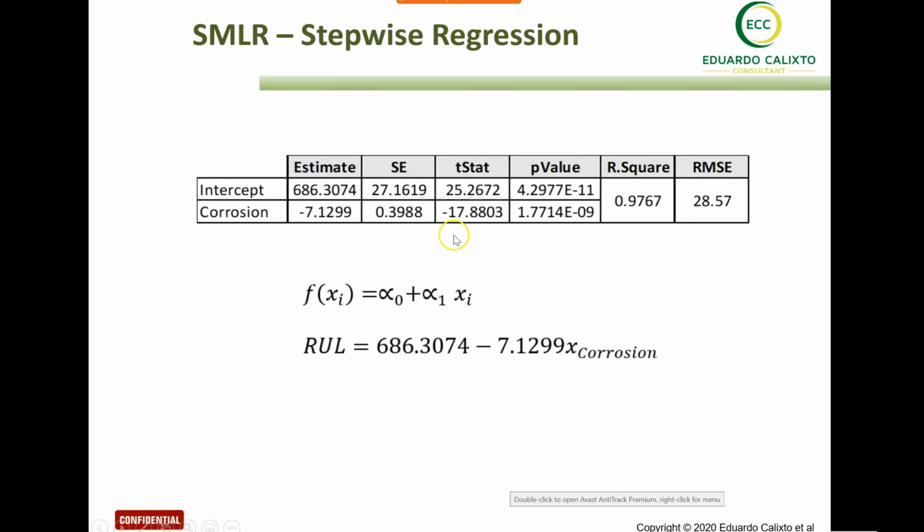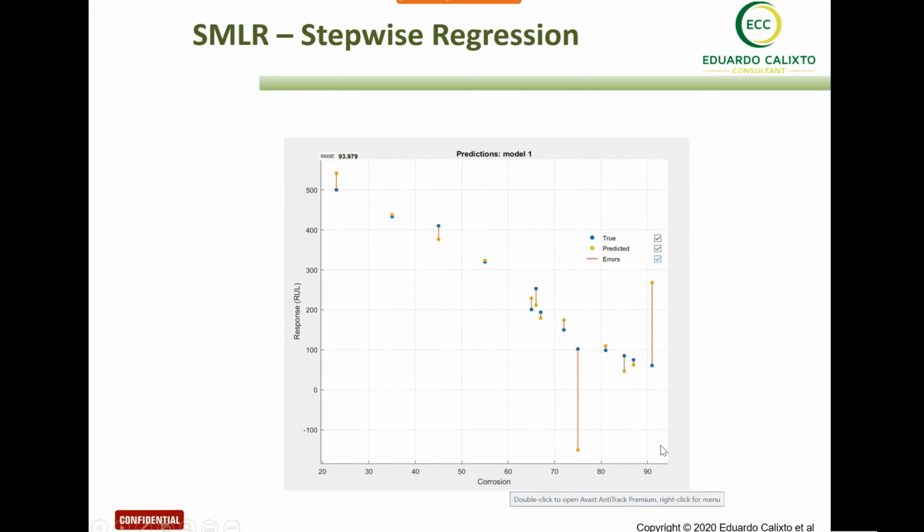Then we can see the absolute value here is high, the p-value here, and then we have this equation. By getting the values from here, alpha 0 and alpha 1, we can apply this equation to predict the remaining useful life. So it's a very simple case to make it clear and easy to understand. If I'm happy with the solution, then I can predict my remaining useful life.